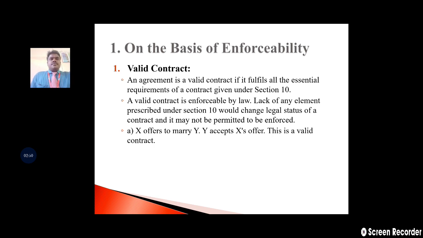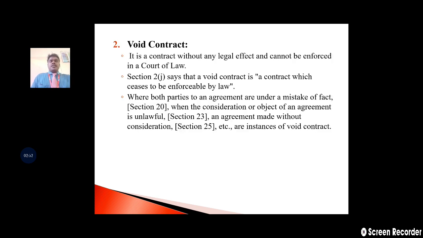Next one, void contract. It is a contract without any legal effect and cannot be enforced in a court of law. Section 2(j) says that a void contract is a contract which ceases to be enforceable by law, where both parties to an agreement are under a mistake of fact.